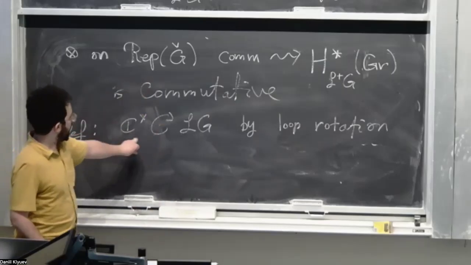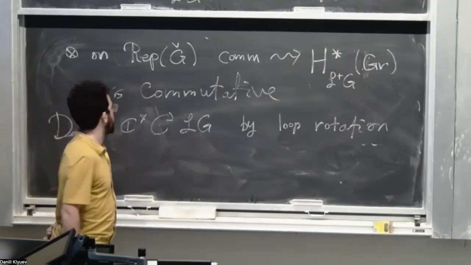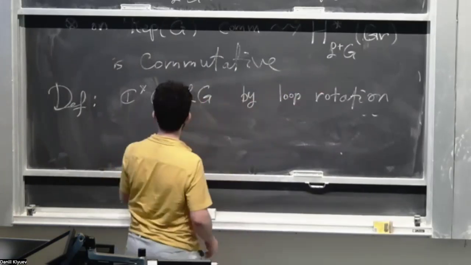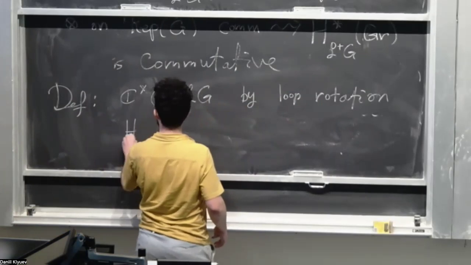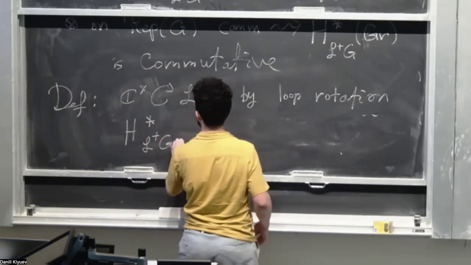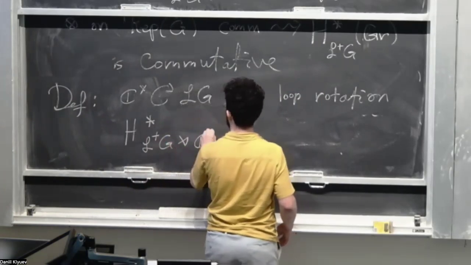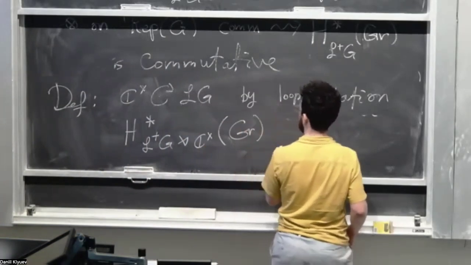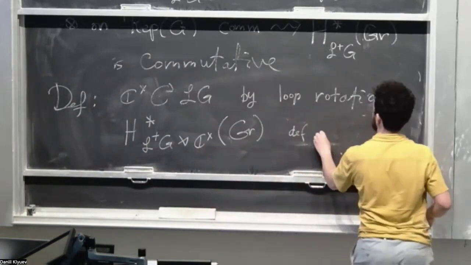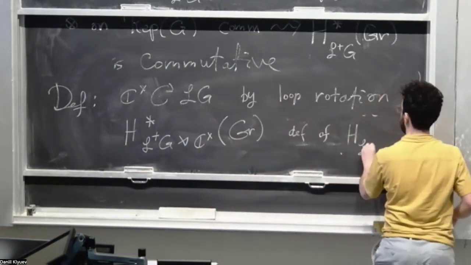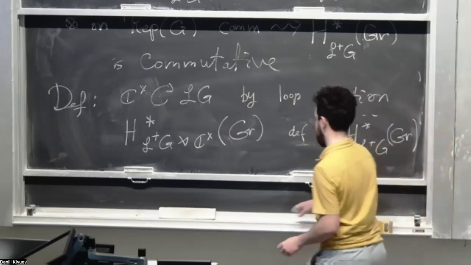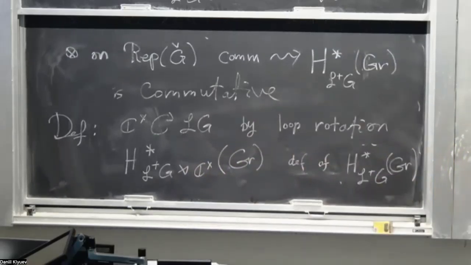So C star acts on LG, and therefore also on the affine Grassmannian, and we get the cohomology of L plus G semi-direct product with C star of the affine Grassmannian. This is a deformation of the commutative thing, which was L plus G. Now this is a model over a slightly bigger algebra.